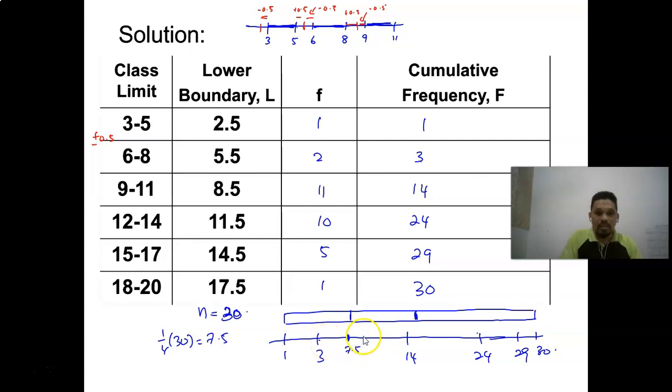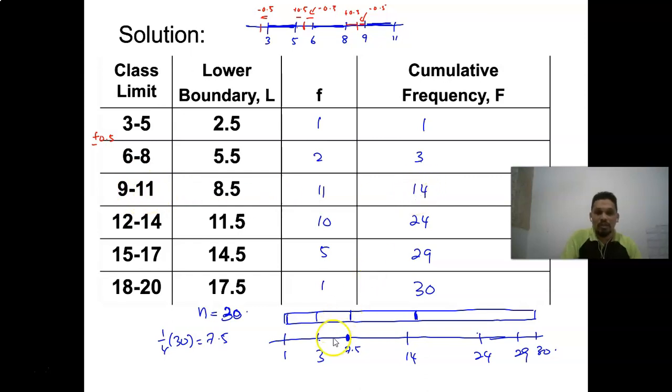So it lies in the third class, because from 1 here is the class of 3 to 5. And then accumulate until 3, it lies in between 6 and 8. And accumulate until 14, it lies in the class of 9 up to 11.